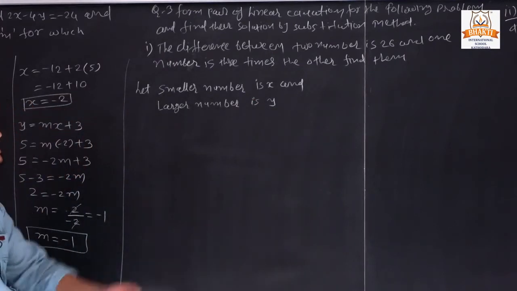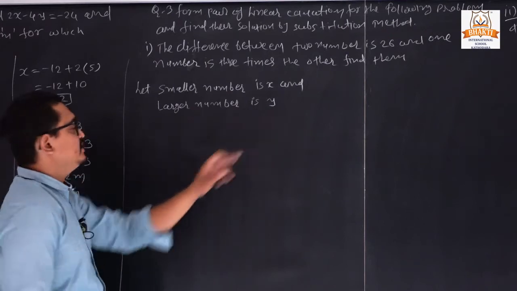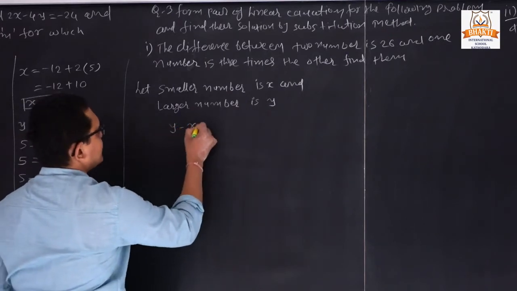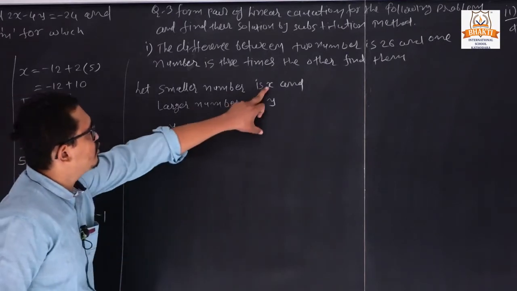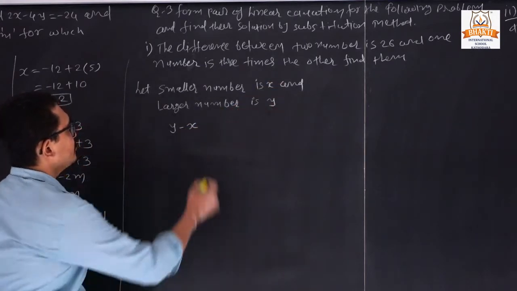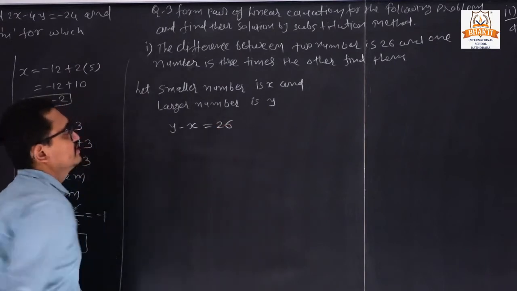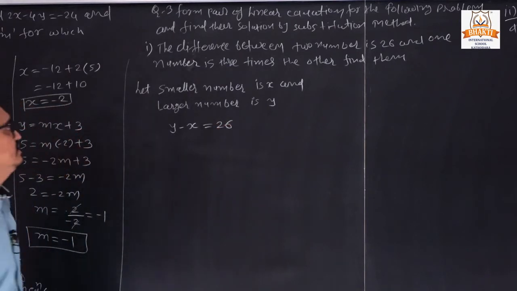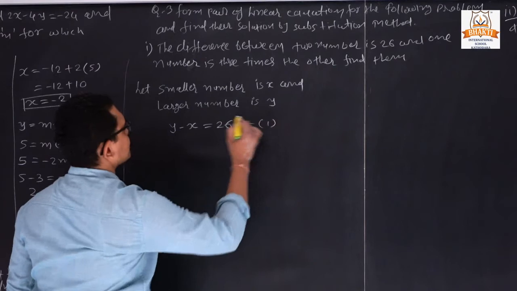Now difference is given. So difference means what? Y minus x, because we can subtract smaller number from bigger number. So y minus x is equal to given 26. Clear? 26. We can declare it is equation first.